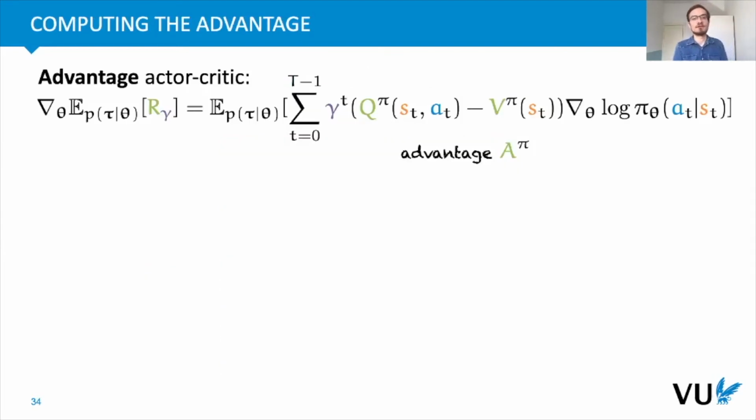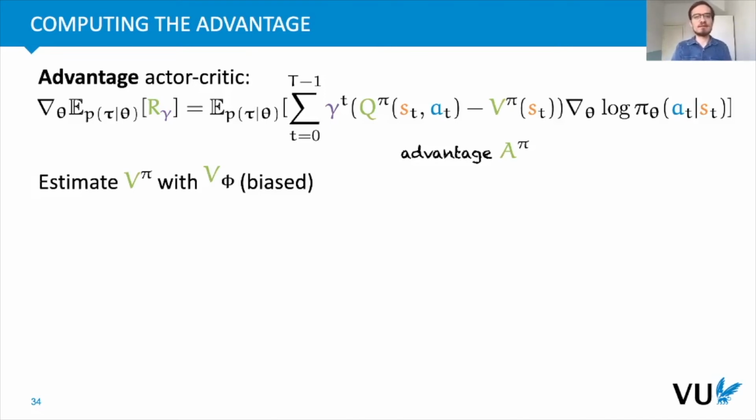So how are we going to compute this method? You will probably not be surprised that we're going to estimate this baseline by using a neural network, just like we did in the previous part when we introduced baselines. So how are we now going to estimate the Q function? Should we just use Q-learning here?